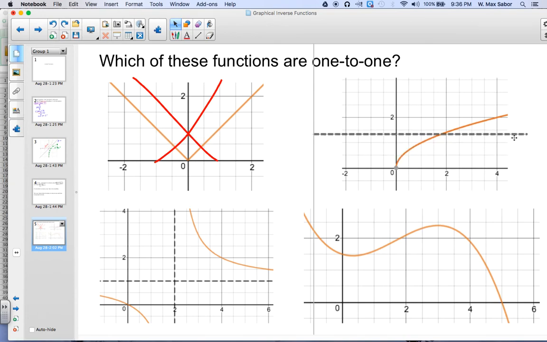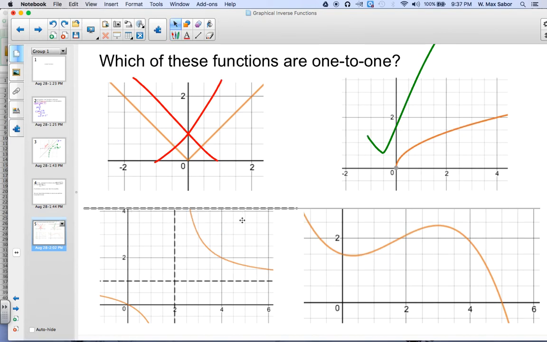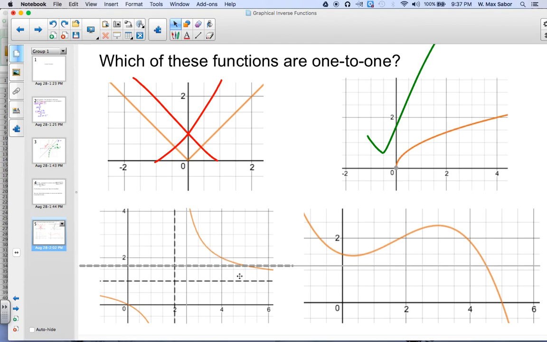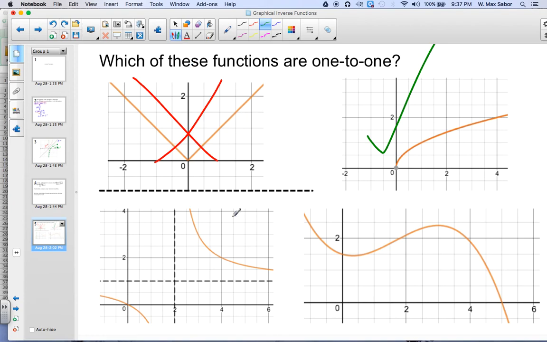Here, this seems to be passing the horizontal line test. Therefore, it is one-to-one, and we can say that this has an inverse. What about over here? This appears to be passing the horizontal line test. So yep, that is a one-to-one function, and it has an inverse.